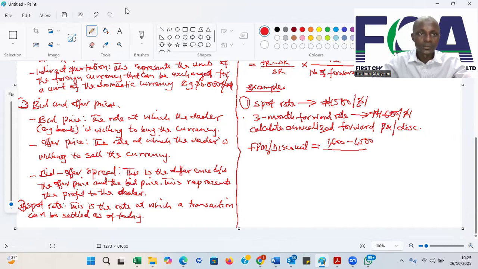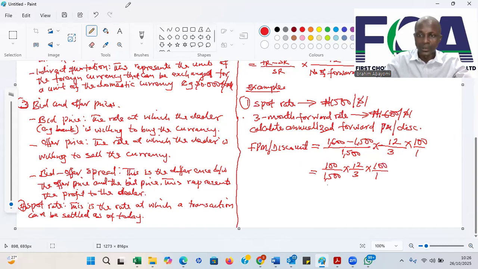Over the spot rate, which is 1,500, times the number of months, 12 in a year, over 3 months, which is the quotation. Then convert this to percentage, 100 over 1. So we have 100 over 1,500 times 12 over 3 multiplied by 100 over 1.